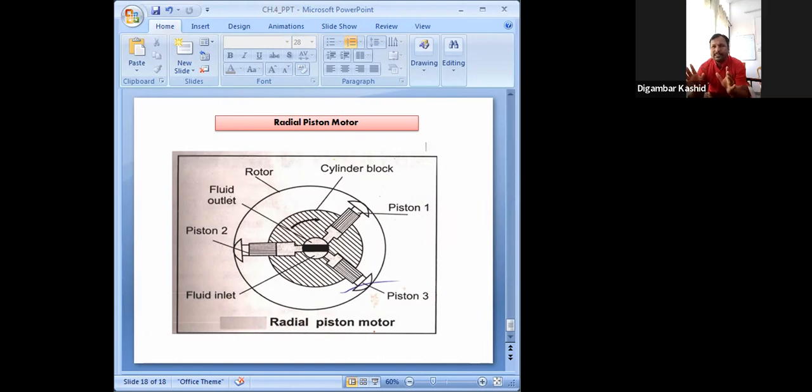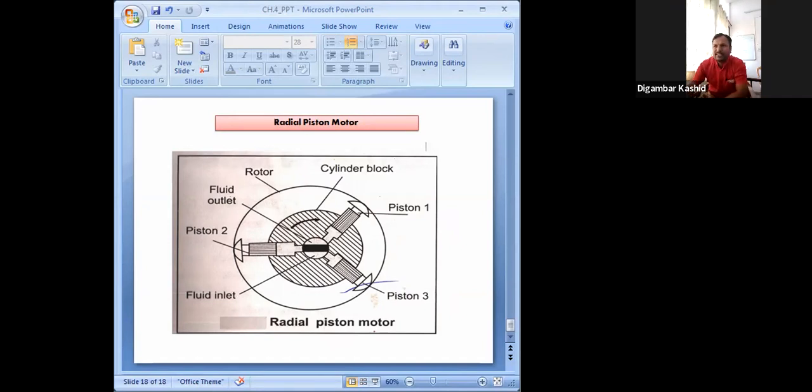But in one line I can say piston motors are positive displacement motors, which develop an output torque at the shaft, by allowing pressurized air to act on the piston.